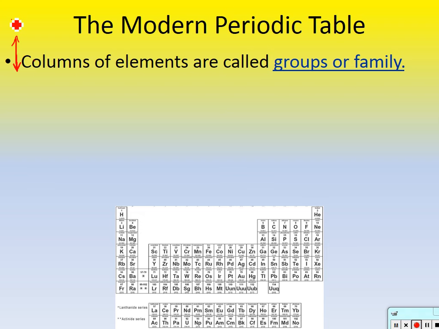So if you look right here on this giant periodic table, it says group number 1. Group number 1 is hydrogen all the way down to francium, Fr. Group number 2 is beryllium all the way down to Ra, and so forth. How many groups are there, guys? 18 groups, all the way over to the noble gases. Or we call them families.